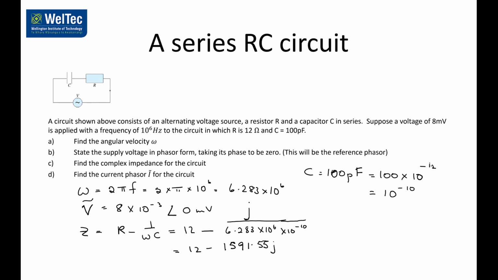Then the current I is equal to V over Z, so that's equal to 8 times 10 to the negative 3 angle 0 over this number that we just had.